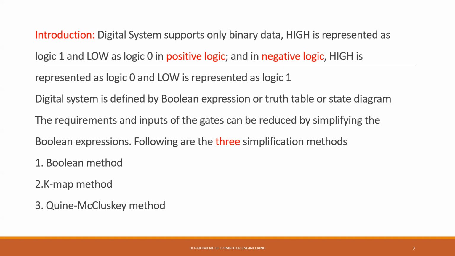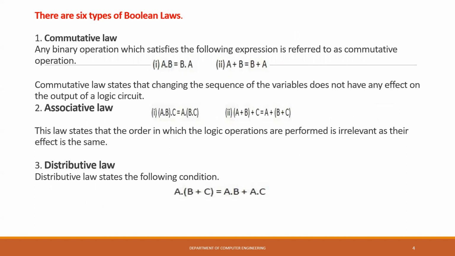The requirements of inputs of the gates can be reduced by simplifying the Boolean expressions. There are three simplification techniques or methods, such as the Boolean method, K-map method, and Quine-McCluskey method. These are the three simplification or minimization techniques which are used in digital circuits.